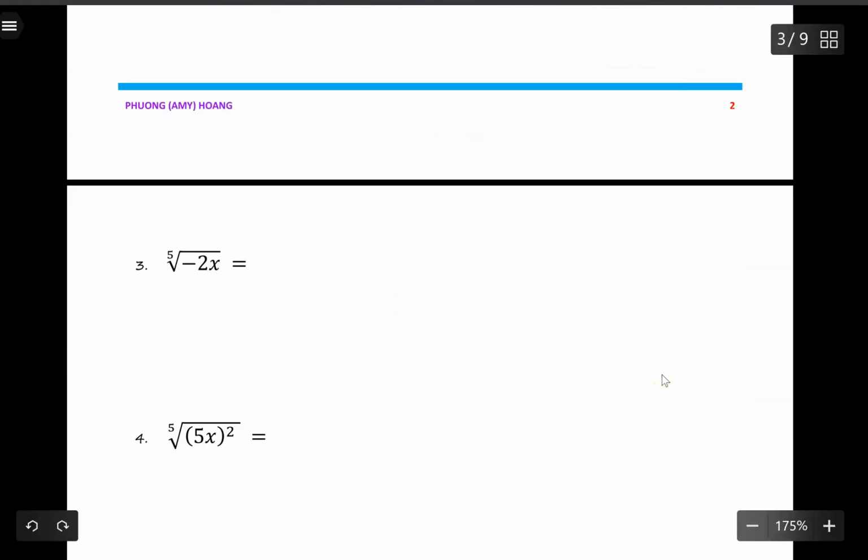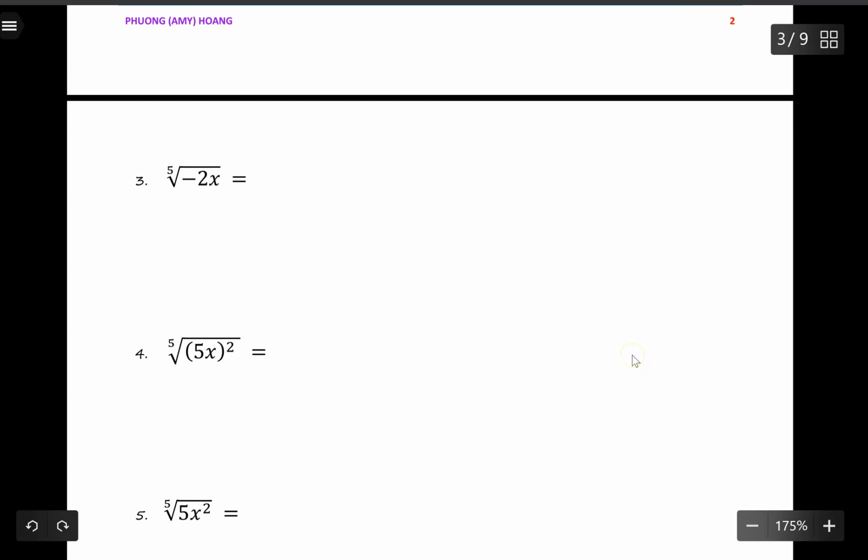Alright, so when I come to number 3, I have negative 2x as the radicand here, and this is an index of 5. So what I can do in this case is write negative 2x, all the way to exponent 1, with my index of 5.